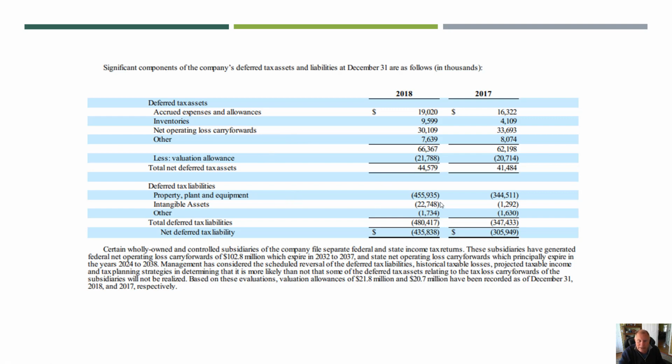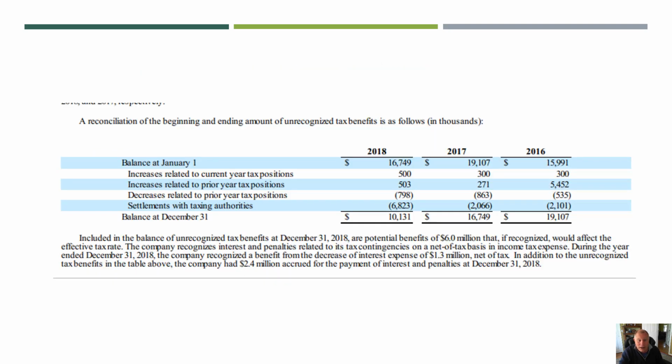Okay, so we find in the notes to the financial statements everything you need to know, but you've got to read it. So when you're looking at Project 2, read this section and interpret it so that we can understand taxes. They then do reconciliations so that we can see the balances of the tax benefits.